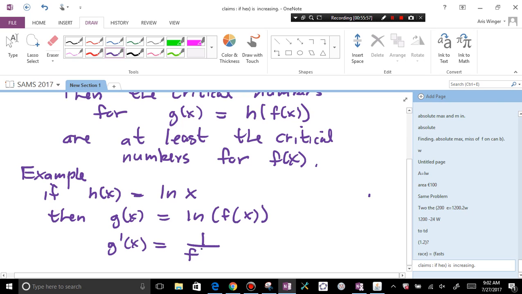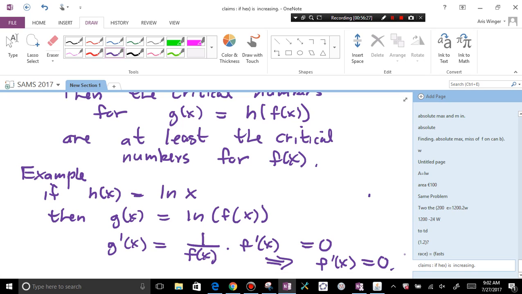1 over f of x times f prime of x, and I'm setting that equal to 0, right? And so the question is, when I solve this, do I at least get all the places where the derivative is 0 of f? This implies that what? F prime of x is 0, right? And the answer to that is yes. Now you may get more, but you at least get those, right?